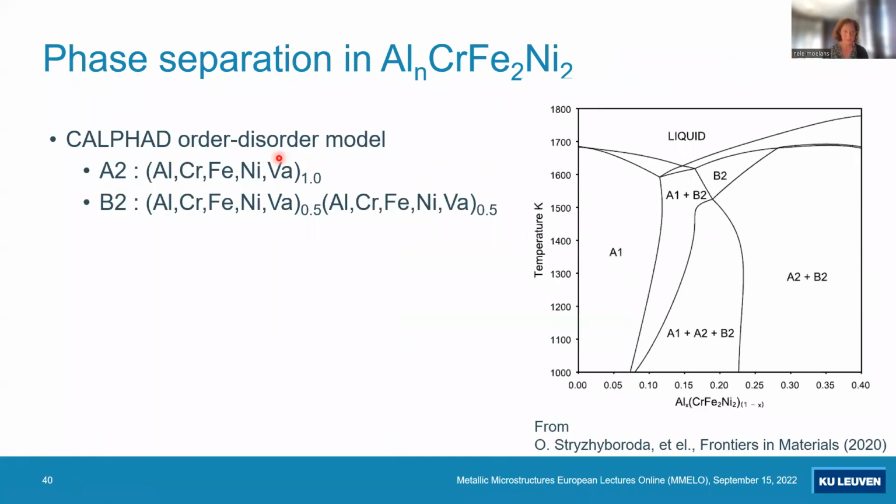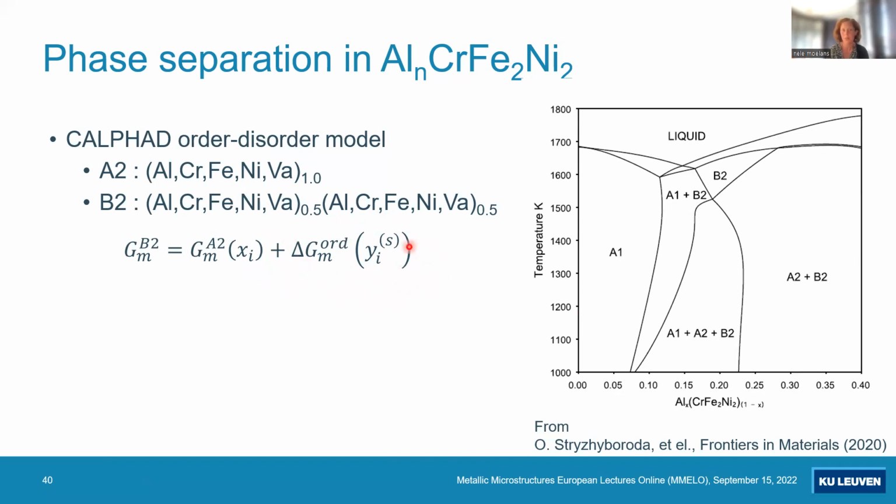So in this case, the Calphad model of the A2 phase, so that's the disordered BCC phase, is actually a substitutional solution model. And the B2 phase is modeled with 2 sublattices. But actually, they are both modeled with one Gibbs energy expression, the one for an order-disorder model that consists of one term for the disordered phase, which is expressed as a function of molar fractions, and then a part due to ordering, which is expressed in sublattice fractions.